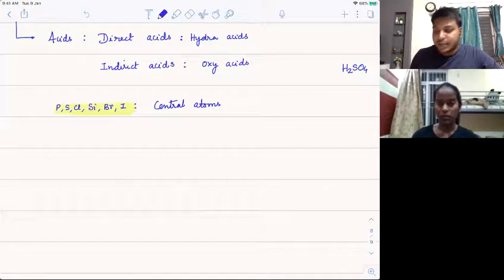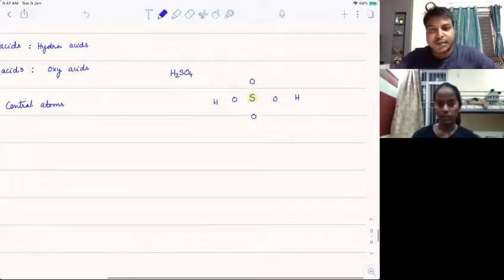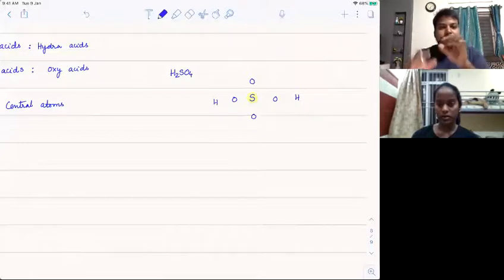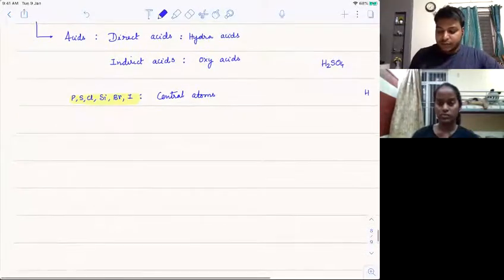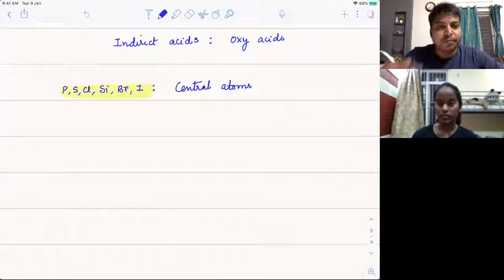Okay. You can see sulfur is in the center here. In the entire molecule, if sulfur is at the center, you call it the central atom. So these elements will always be central atoms.